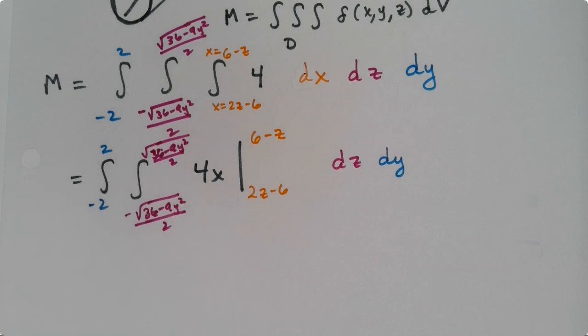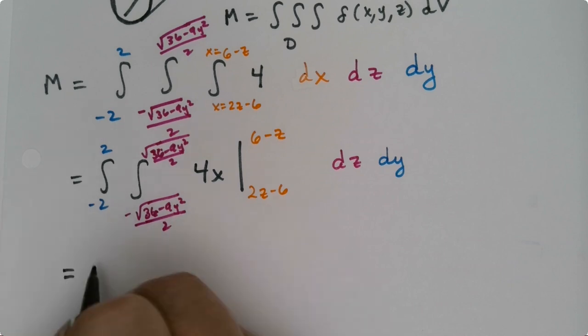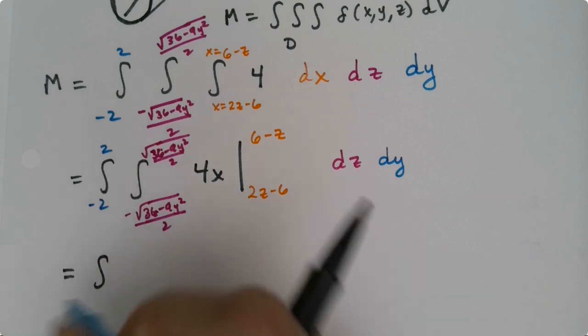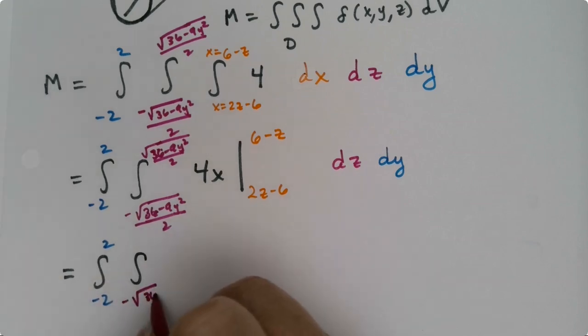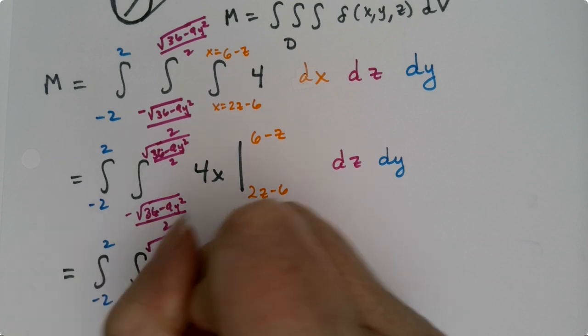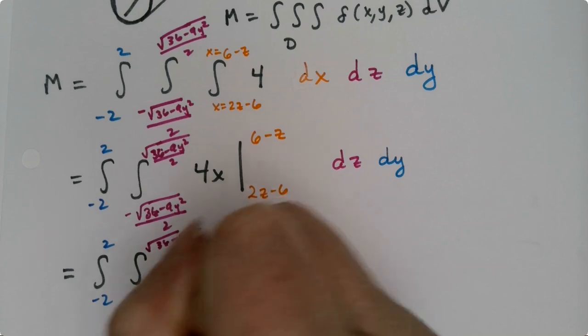And the 4 actually can kind of come out. It doesn't really have much to do in there. So you can pull it out in front or you can leave it in there. It's not going to hurt anything. And then we have this lovely integral from negative square root of 36 minus 9y squared over 2 to positive square root of 36 minus 9y squared over 2.